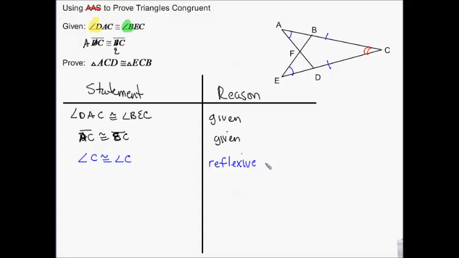Can you do angle, side? Sure. It's going to add about 4 more steps, so I wouldn't do that. It's just silly. So then I'm going to go to the triangle ACD is congruent to triangle ECB, angle, side, angle.